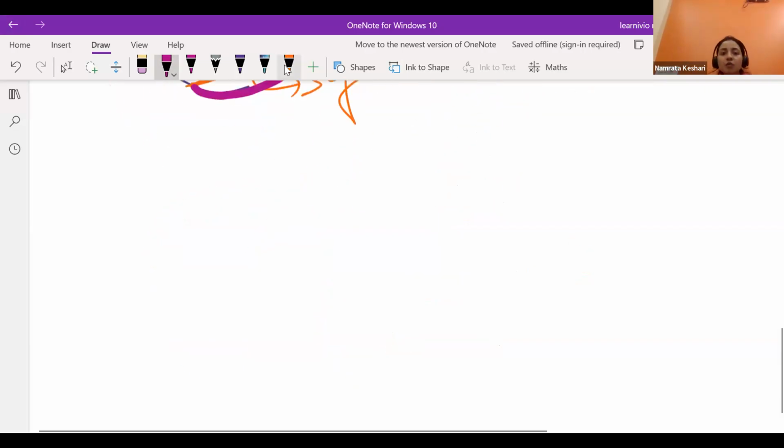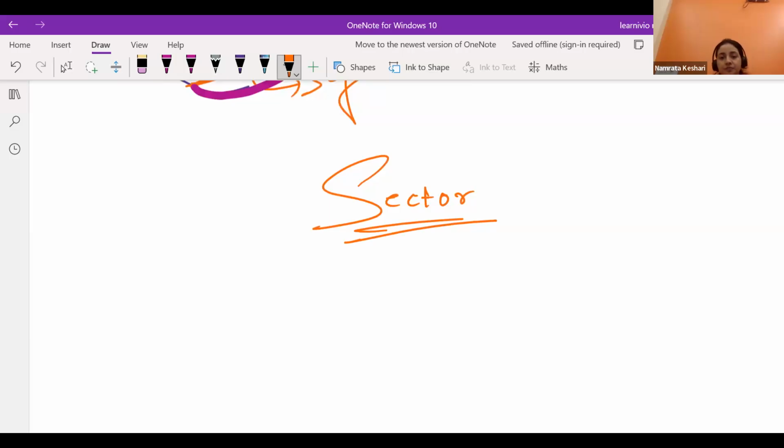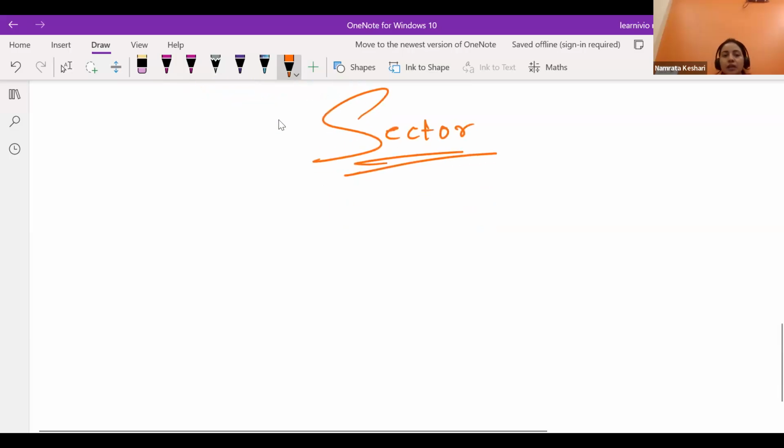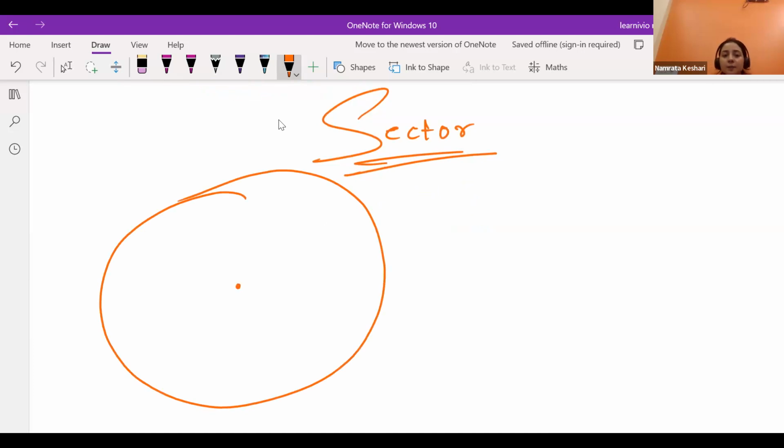Now if I ask what is sector of a circle, it is the area subtended by two radii and the arc. This is called sector of a circle.